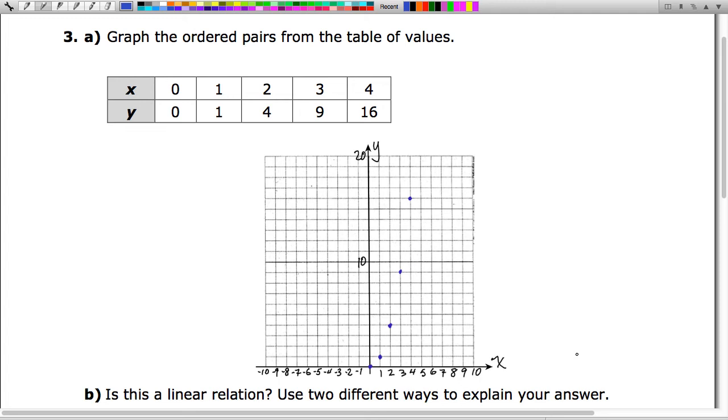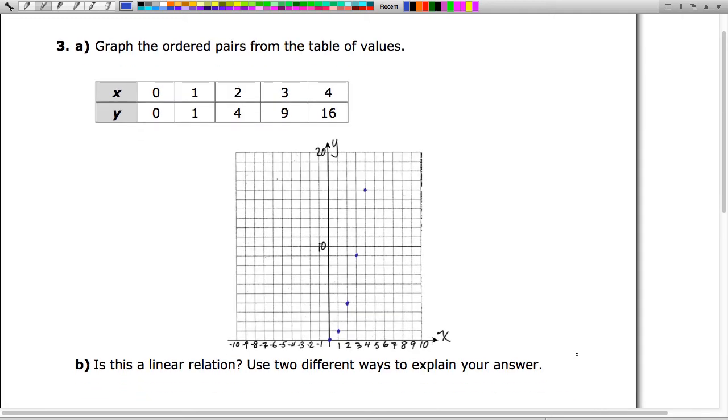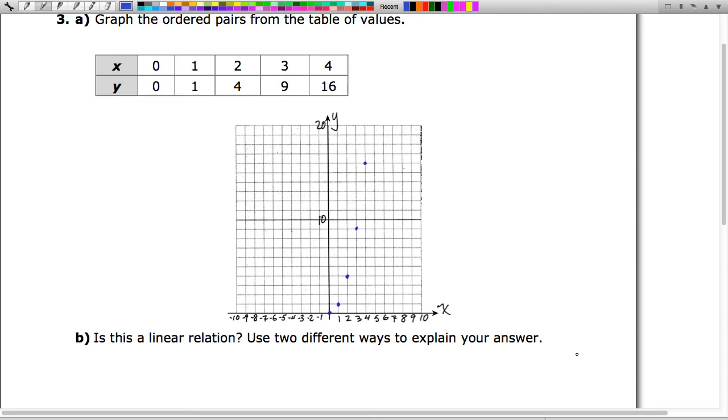Now the next question is asking, is this a linear relationship? And we want to use two different ways to explain our answer. So one of the ways that we explain this is by looking at the change in y over change in x. So the change in y is 1, and then it's 3, and then it's 5, and then it's 7, and the change in x is 1, and it's still 1, and it's still 1, and it's still 1.